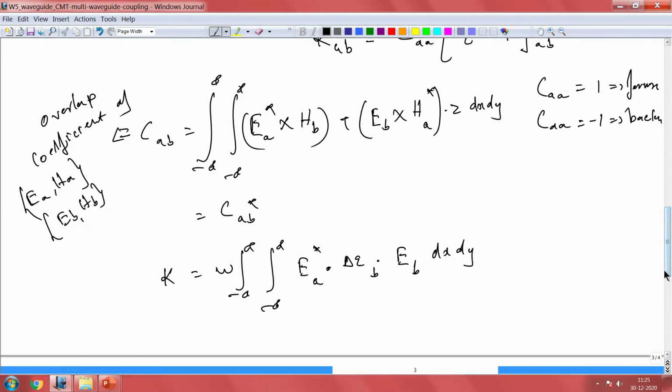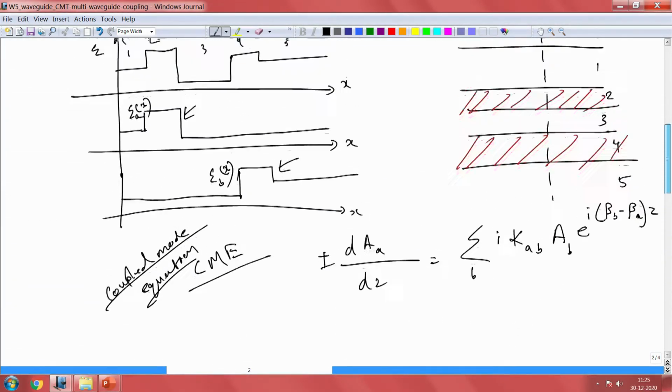C_AB is going to be non-zero, it will not be 0. The reason is that the modes we are talking about are from two different waveguides. Let us go back and look at this.